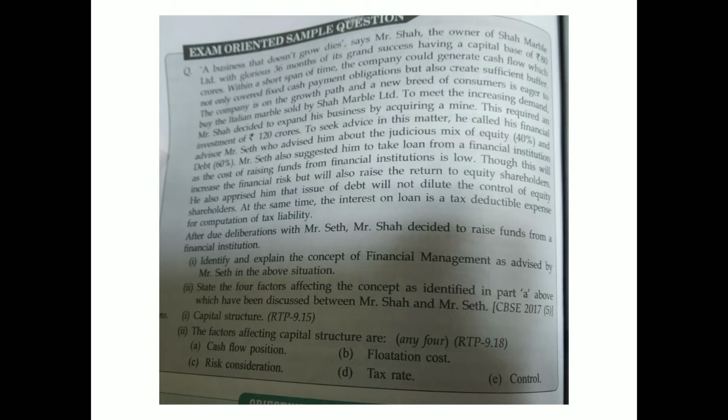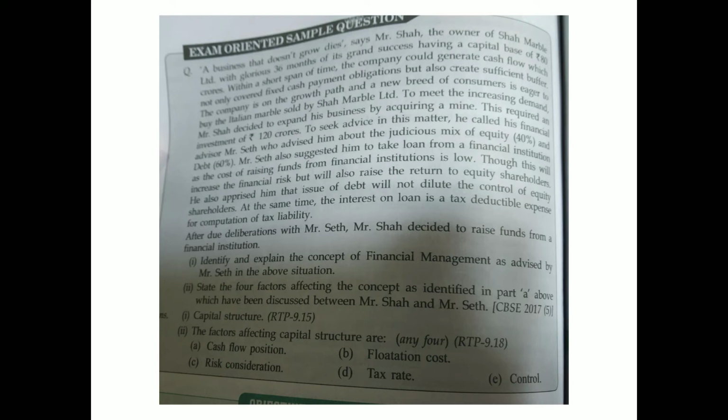So let us start reading the case study now, keeping in mind the concepts of chapter 9, financial management. I am reading the case because it might seem a little blur to you. A business that does not grow dies, says Mr. Shah, the owner of Shah Marble Limited, with a glorious 36 months of grand success, having a capital base of rupees 80 crores.